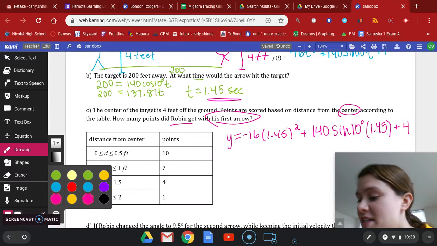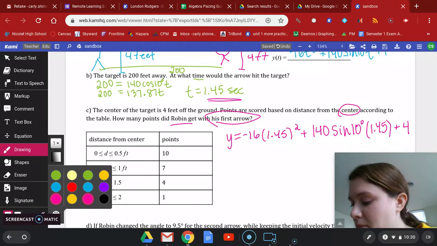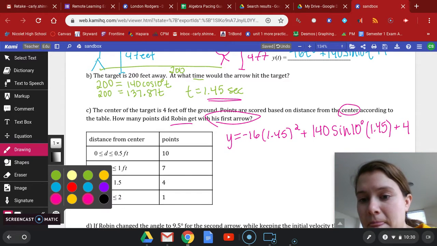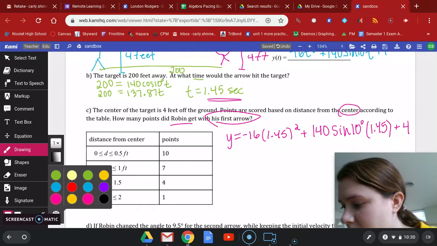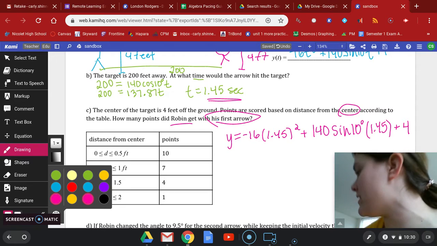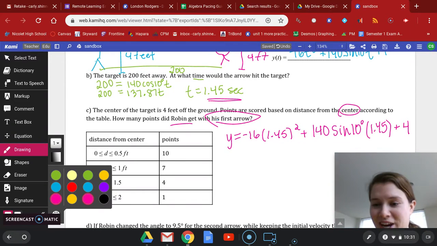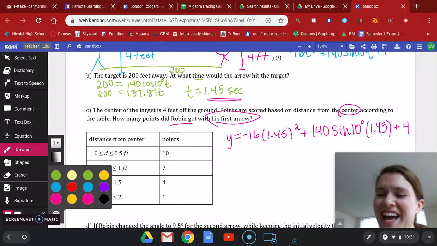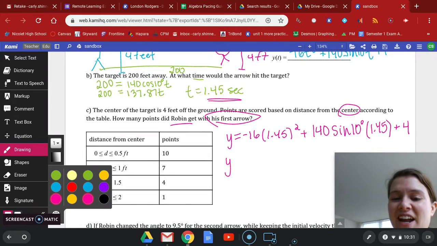All right. So let's type this in. I'm just typing this into my calculator here, and I got 5.6. I'm just double checking that's what I have on my answer key. So I got a height of 5.6 feet.